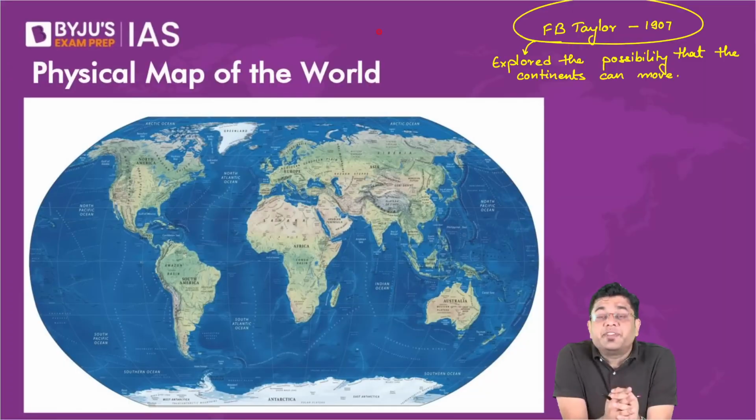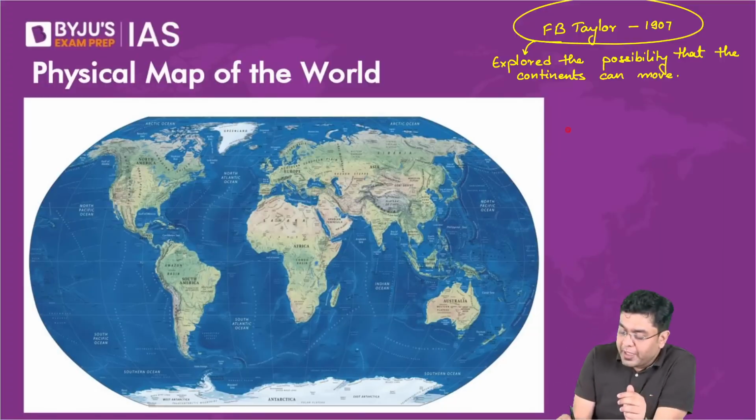Now, as the famous anecdotal story goes, you had a German meteorologist, or rather a German climatologist, with the name of Alfred Wagner.